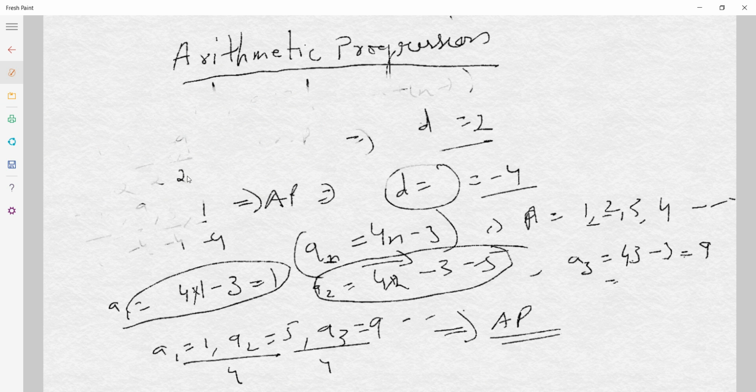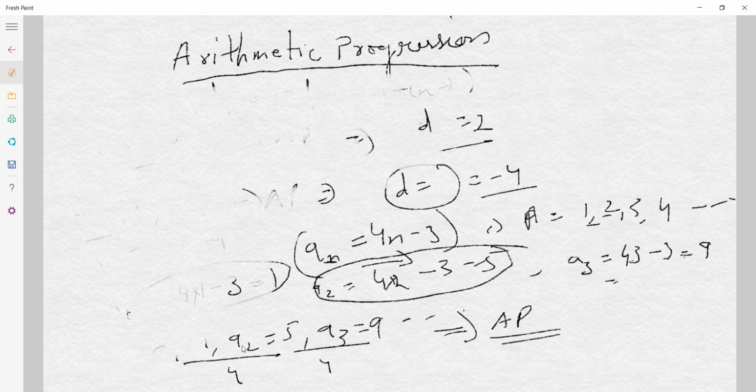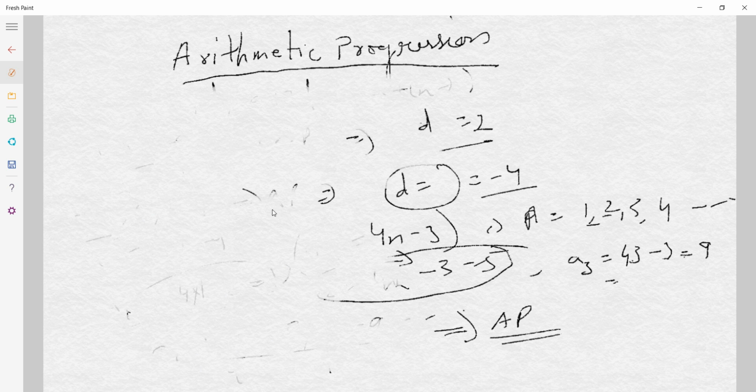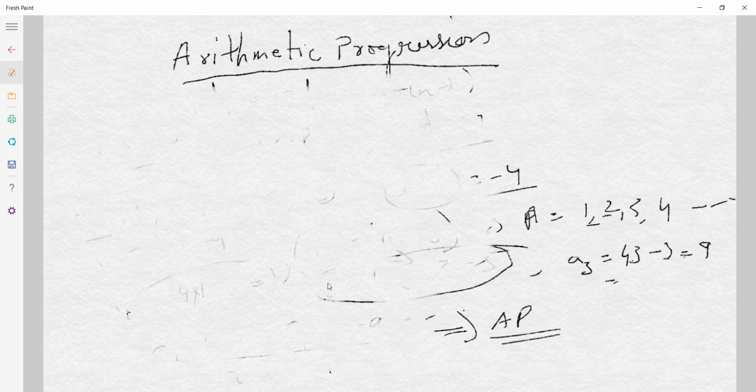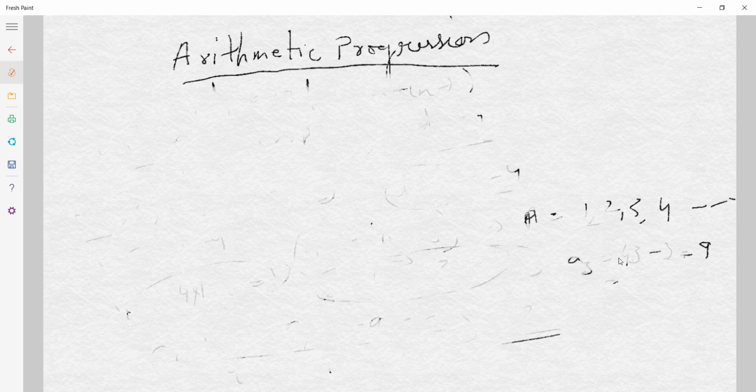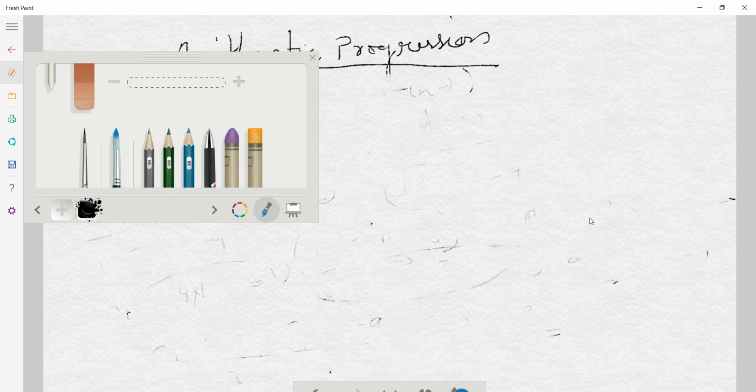For instance, let's say you started working at the age of 20, you decide to work till you turn 60, and you love to change jobs every 5 years. You can use AP to find out the number of companies you worked for during your entire tenure. That's one example you can use.